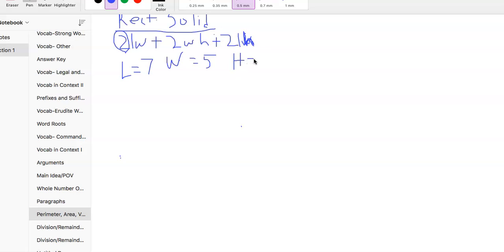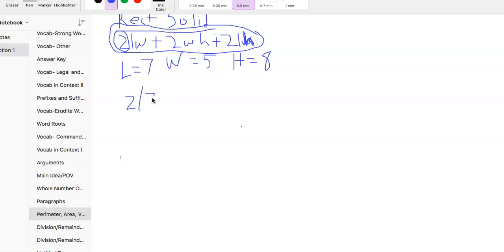Once we know that, and if we know this formula, we're really just plugging in numbers and then multiplying stuff out. And again, 2 length width plus 2 width height plus 2 length height. What order you put those in doesn't really matter, as long as you remember it's 2 times 2 of those variables and just do the 3 different combinations that you could possibly do.